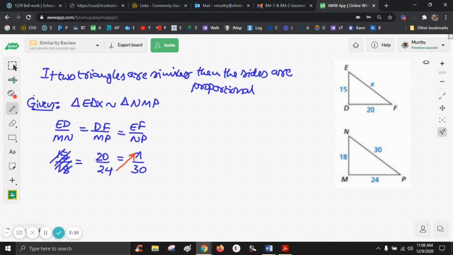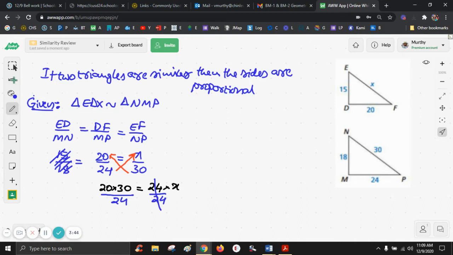At this point, as I explained in my previous lessons, you have to go for cross multiplication. Here 20 times 30 equals 24 times x. You know how to isolate x. We divide by 24 on both sides, therefore x is isolated.